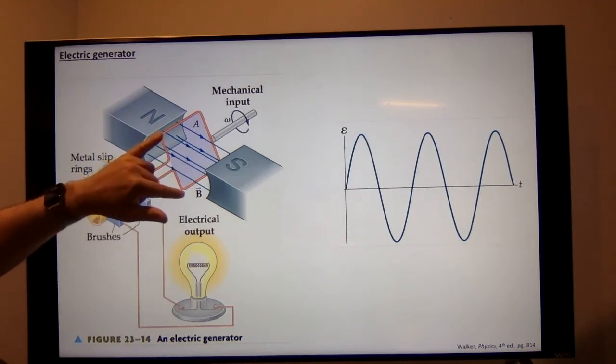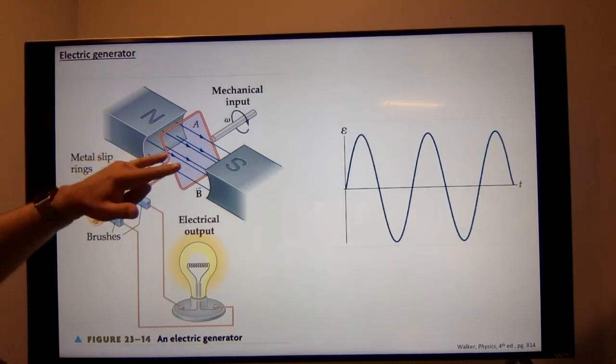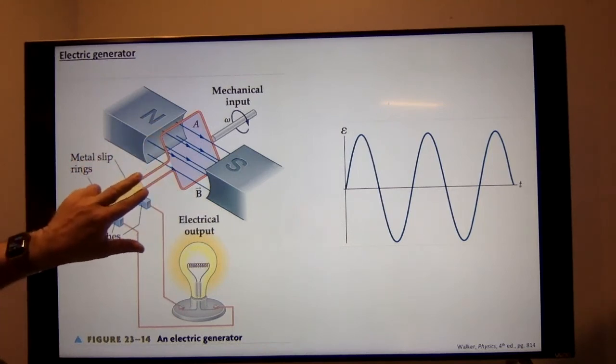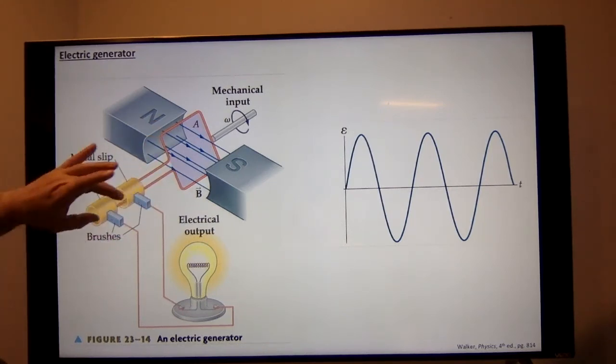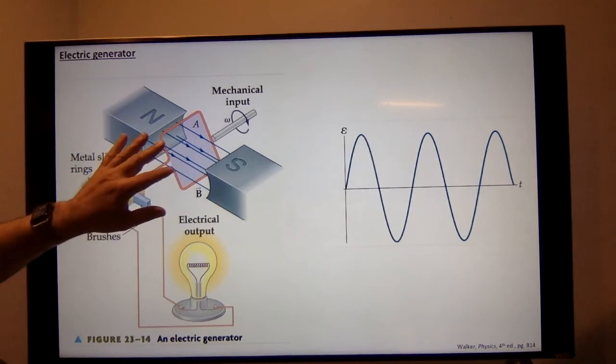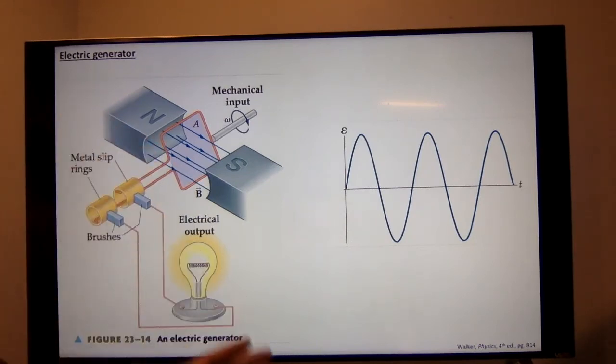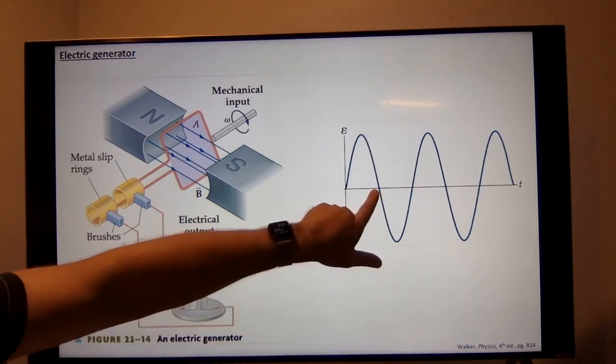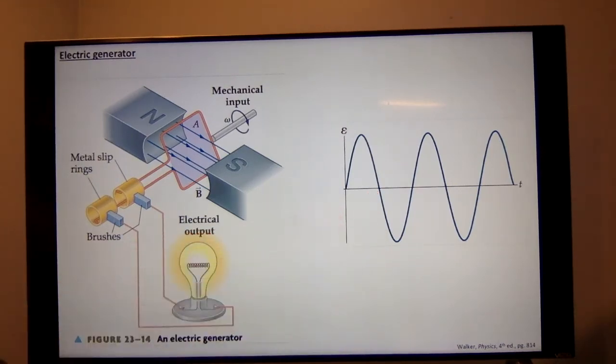In this particular case, because the loop is going to flip and then be in the other direction, these two wires are changing. What you're going to get is current that's induced one way and then current that's induced another way, and it's going to have a magnitude that's changing as well. This is how we generate an alternating voltage or alternating current, which we'll talk a little bit more about in the next chapter.